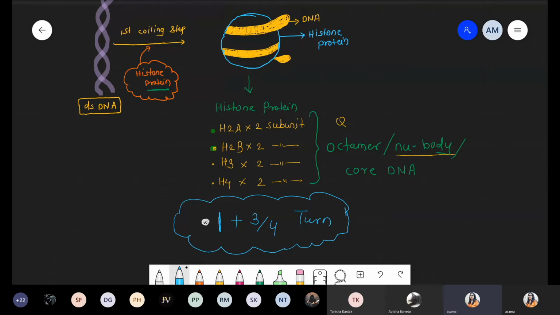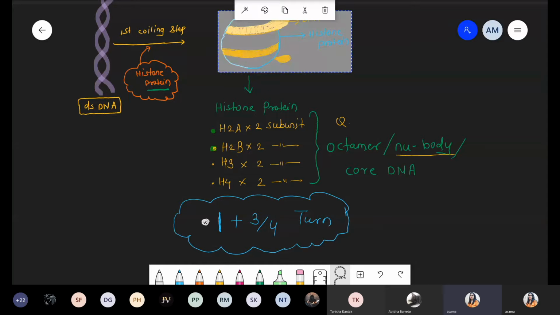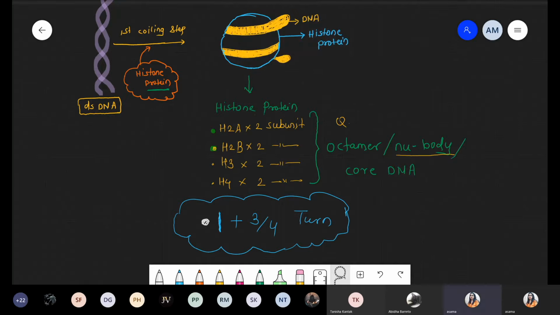If you see this diagram, clearly there is the presence of 1 complete turn, but the second turn is 3/4. Got it? So this point is clear, everyone? Remember, the turn is 1 plus 3/4.